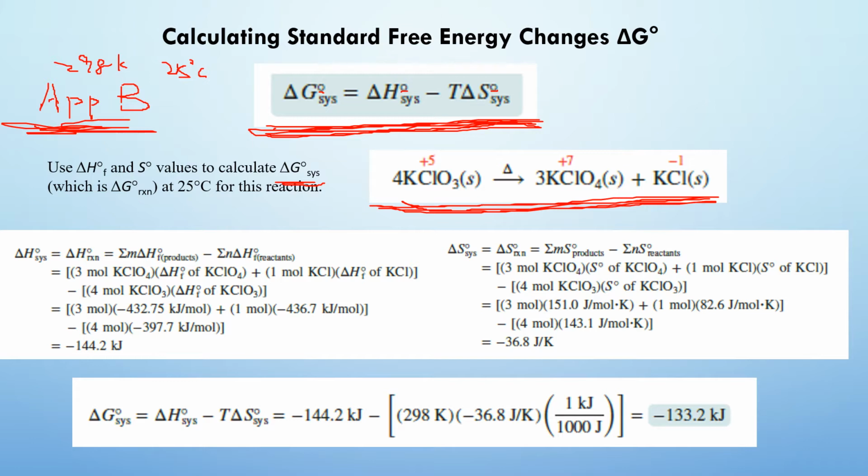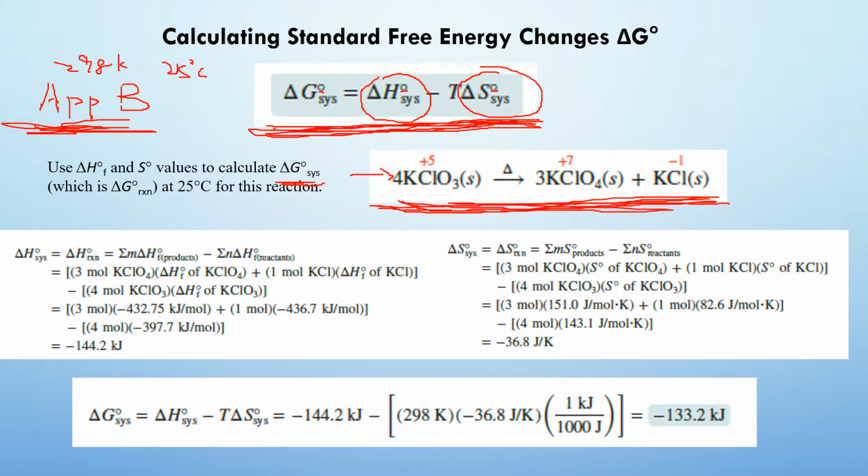Because we want to calculate delta G of the system, we need to know the delta H of the system and the delta S of the system. Here, the system refers to this reaction. So basically, we want the delta H and the delta S for this chemical reaction at standard state, and the standard state is the most stable form.